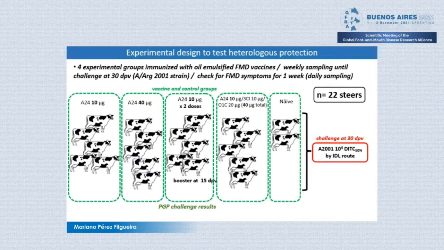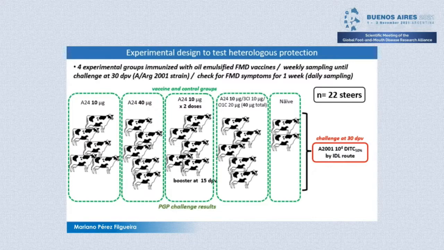We developed this experiment a few years ago, where 4 groups of cattle were vaccinated following different schedules. Three of them received the monovalent vaccine A24: one with a low payload, 10 micrograms, one with a high payload, 40 micrograms, and the third one with 2 doses of the lower payload vaccine.